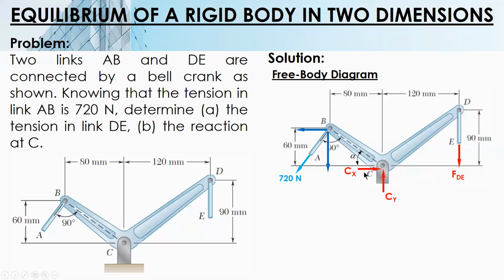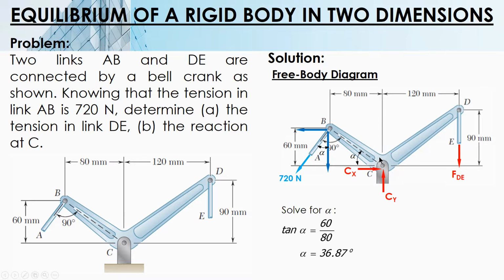So that's all for alpha. Tangent alpha is 60 over 80, and we can solve for alpha. That's 36.87. So after this, we can now resolve the 720 newton force into components using alpha.